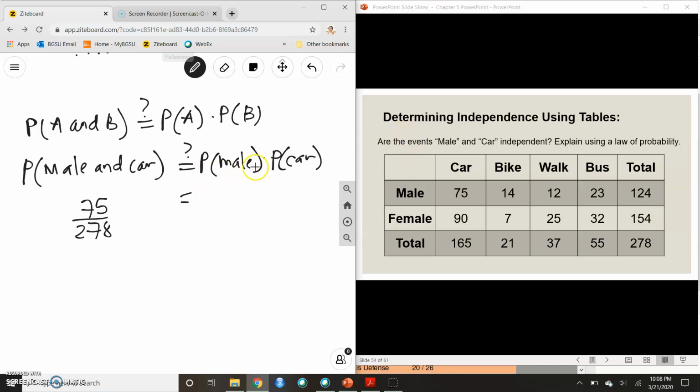And then we know how to find the probability of male. We also know how to find the probability of car. So probability of being male is 124 out of 278. And probability of taking the car is just going to be 165 out of 278.